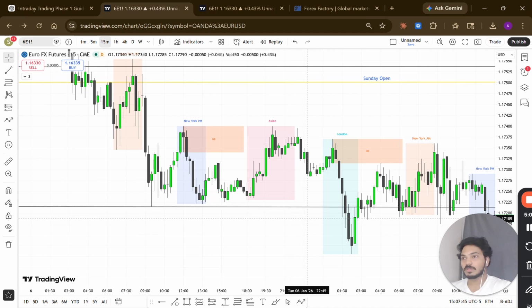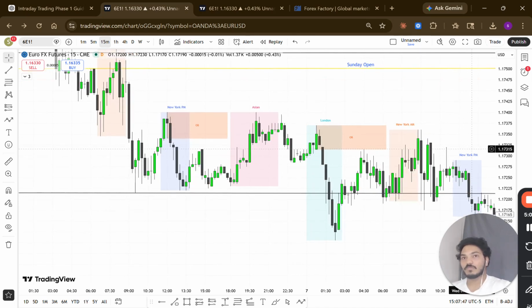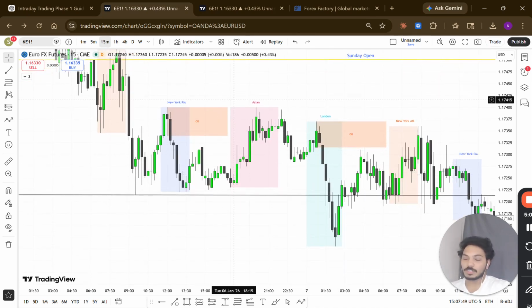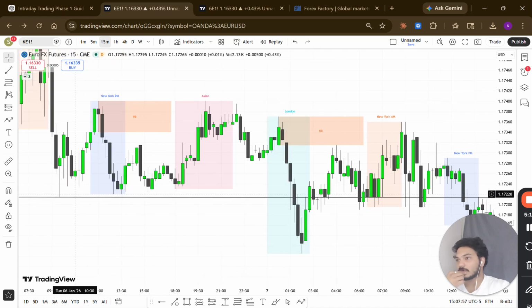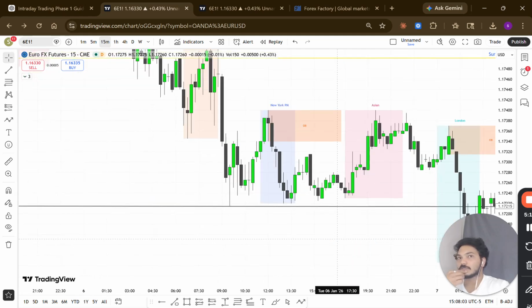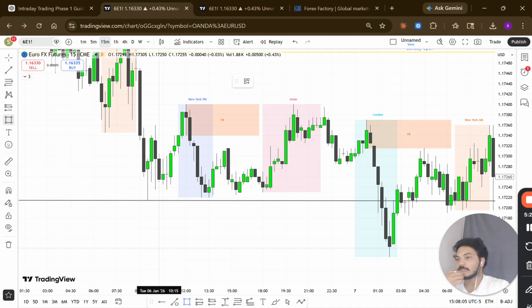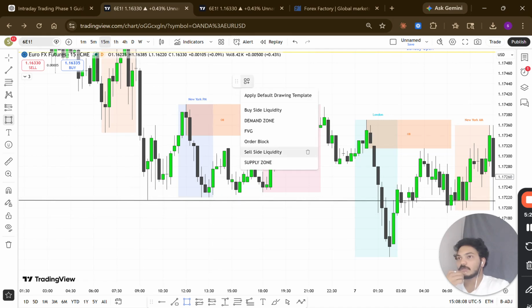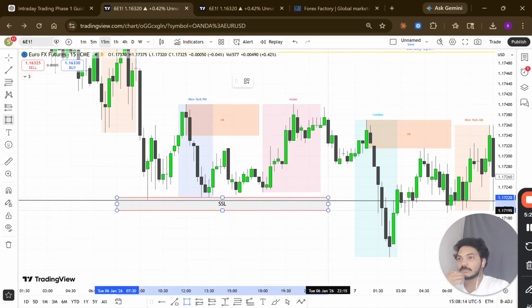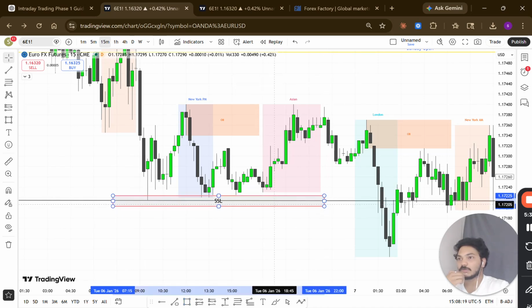Now we'll be on this 15-minute chart, identifying the key liquidity pools. We have the previous day low along with equal lows here, so I see sell side liquidity here, equal lows.